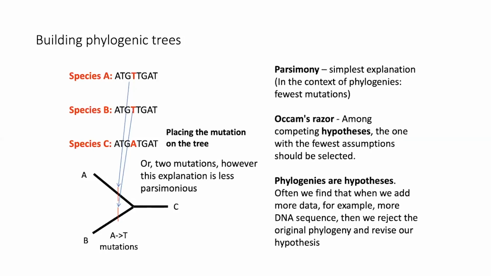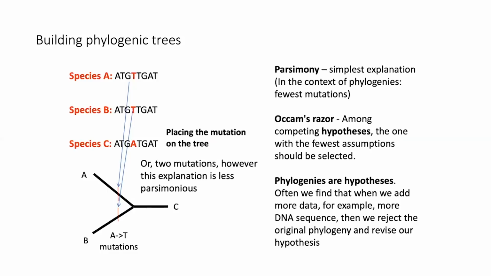However, what you have to realize is that phylogenies are simply hypotheses. They're not set in stone. They're a hypothesis that says, given the information, given the small sequence of DNA that we've sequenced, we have established that the most likely evolutionary relationship is that C is on its own, and that A and B should cluster together and be more related.